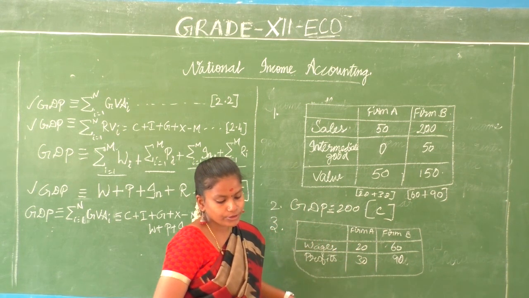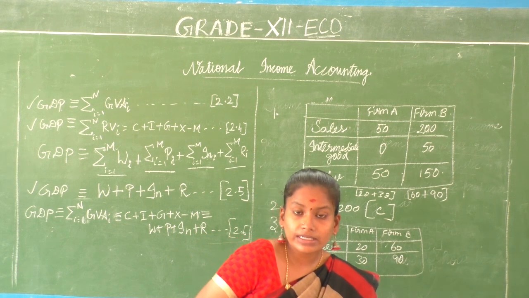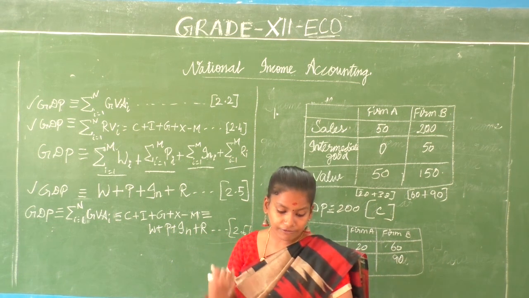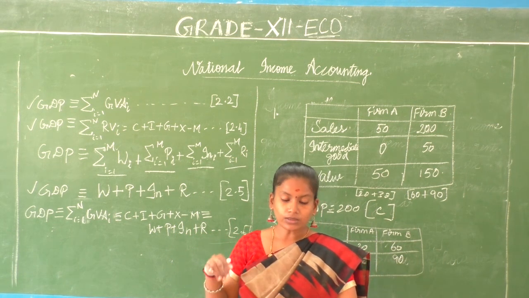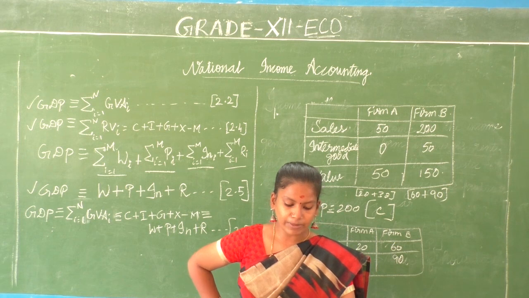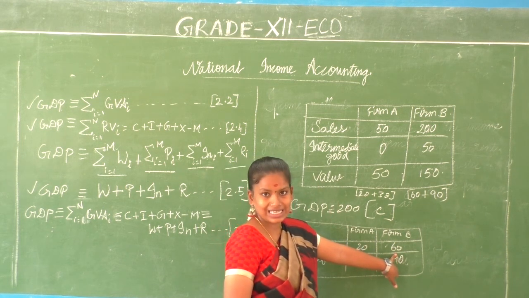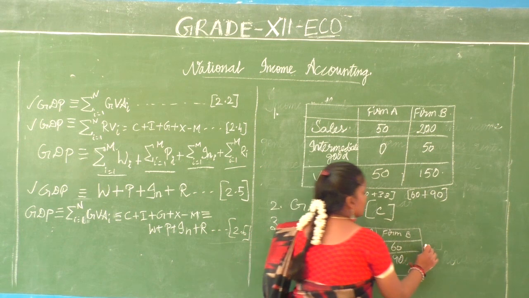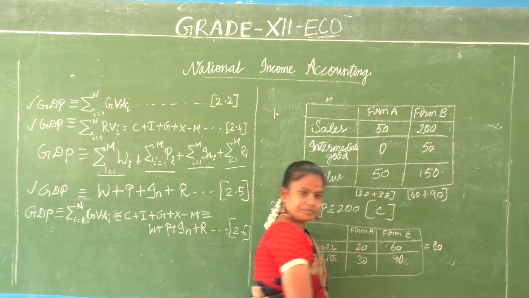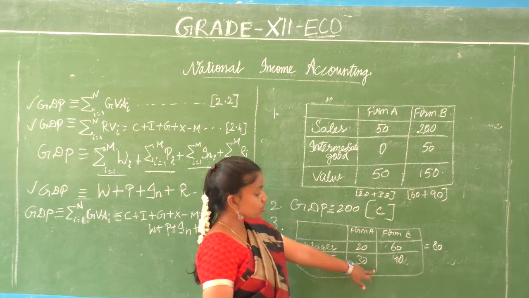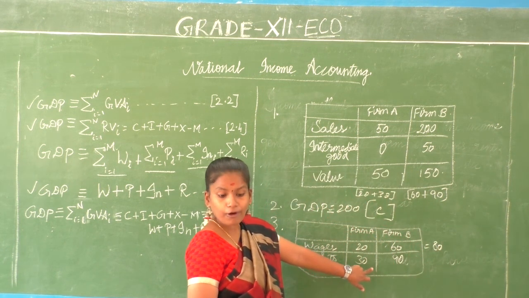Now what are we going to do? Income method. According to the income method, the sum total of all the factor incomes, which is the total wages received by workers of A and B. 20 plus 60. What is 20 plus 60? 80. Okay. And what else do you have to add? You have to think about the profit also.